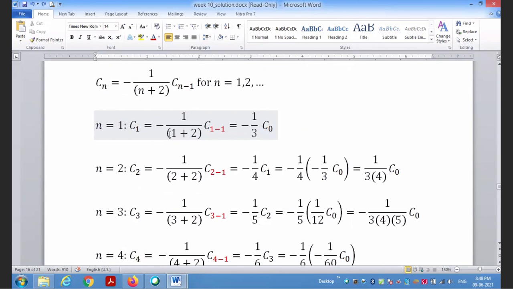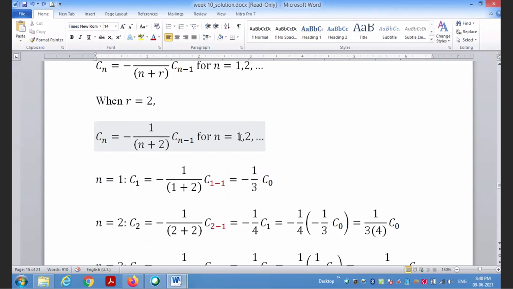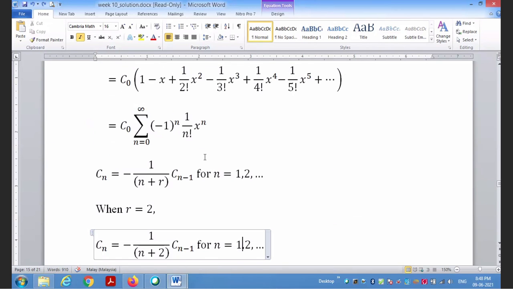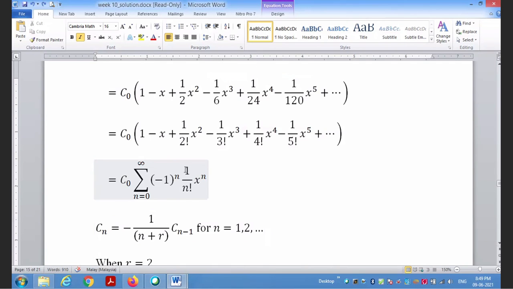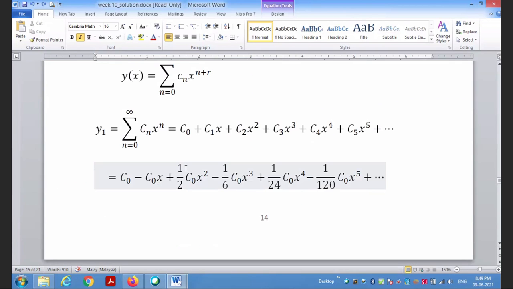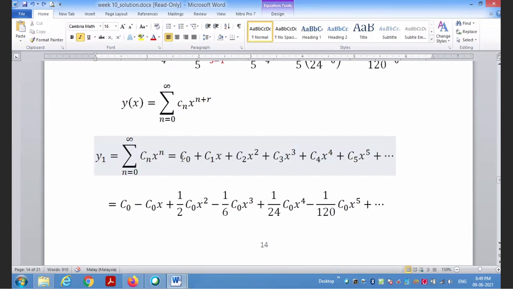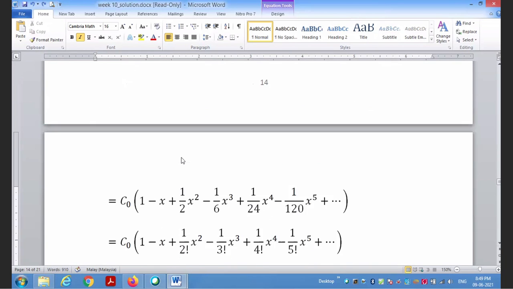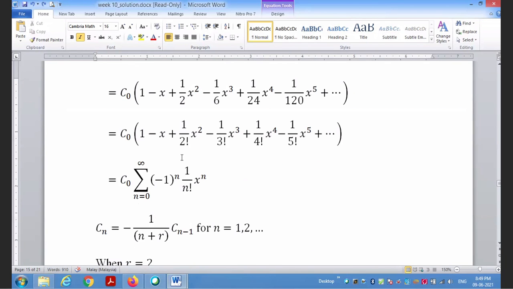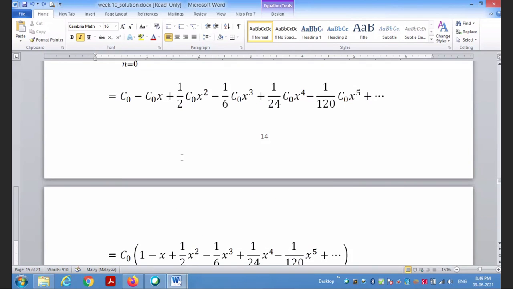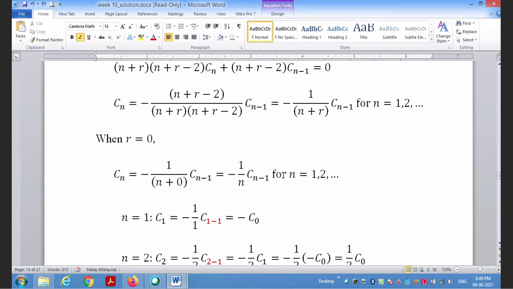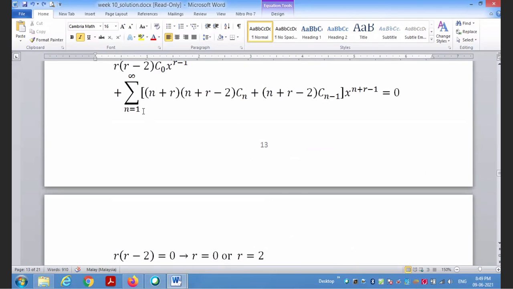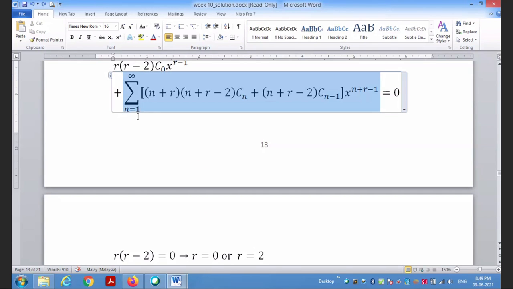Here, the summation starts with 1. Why 1, Tan? For example, here it starts with 1 because of this. It depends on this index, Tan. Are you okay? It depends on this.